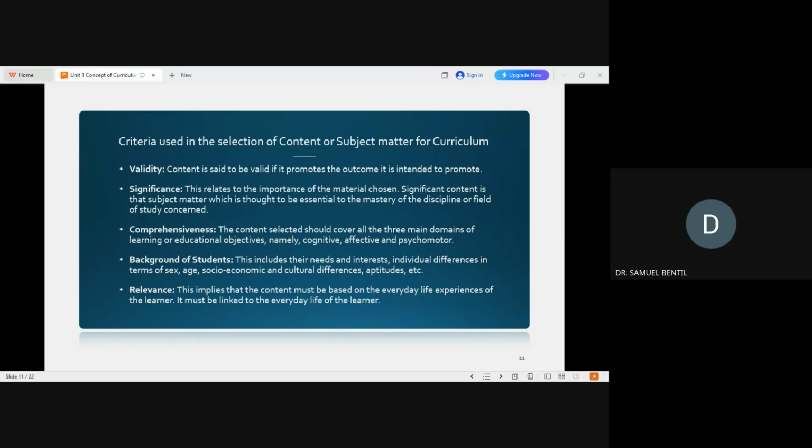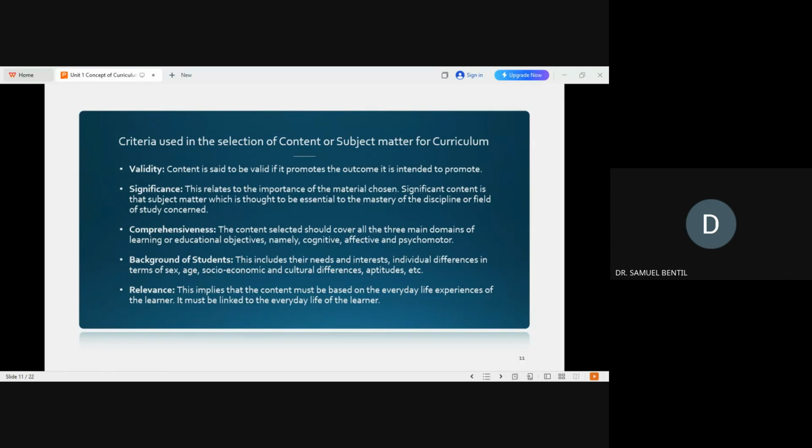So a validity criteria ensures that the subjects selected for learners reflect the various intended aims, goals, and objectives that are supposed to be achieved. It should promote them. If it doesn't promote that intended purpose, aims and goals, then it's not valid.